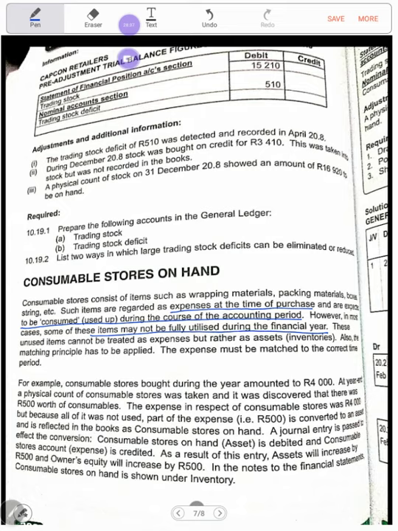It is reflected in the books as consumable stores on hand. A journal entry is passed to effect the conversion. Consumable stores on hand, the asset, is debited, and consumable stores 500 will increase owner's equity.